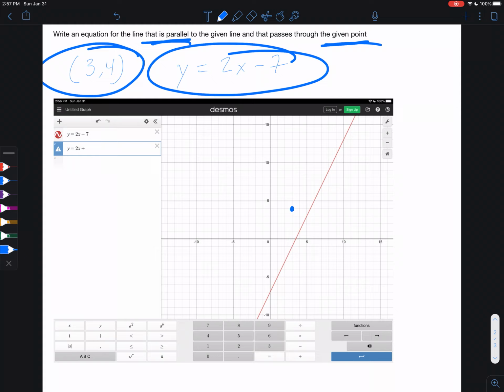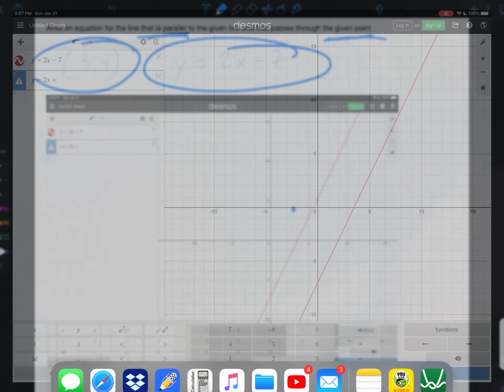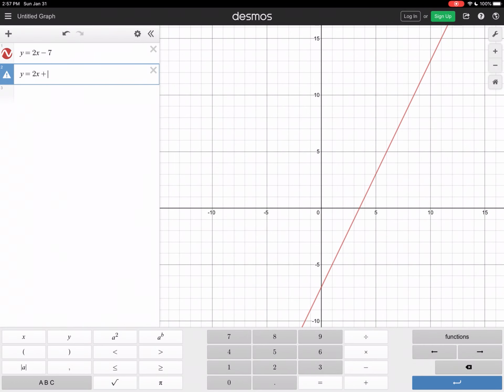So the idea is, for it to be parallel, it has to have the same slope. So if I put a number in there, see how I have the same slope, but it doesn't go through 3, 4. I can put a 2 in there. Still, I'm not going through 3, 4, so I've got to find the actual number that goes through. But what I do know is it has to have the same slope.